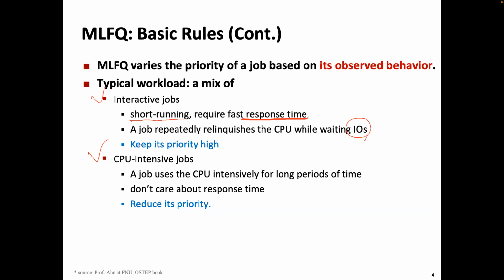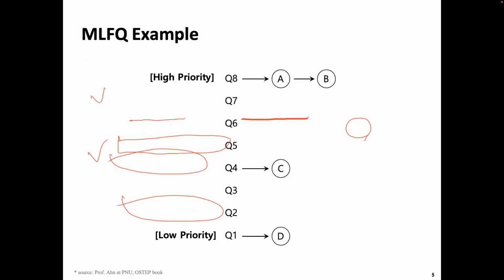For example, interactive jobs include the mouse click and keyboard, or interaction with users. But a CPU intensive job, as you might know, uses the CPU resource intensively. So the main policy is to keep its priority high. In the case of a CPU intensive job, reduce its priority. Okay. 그래서 우선순위를 좀 다르게 준다는 거죠. 우선순위를 다르게 주겠다는 거죠.